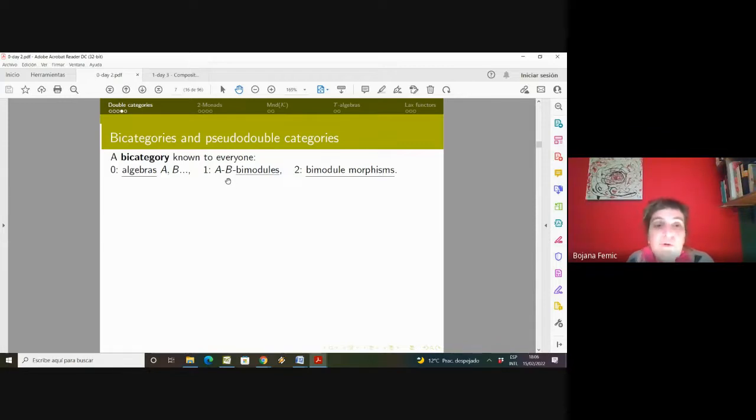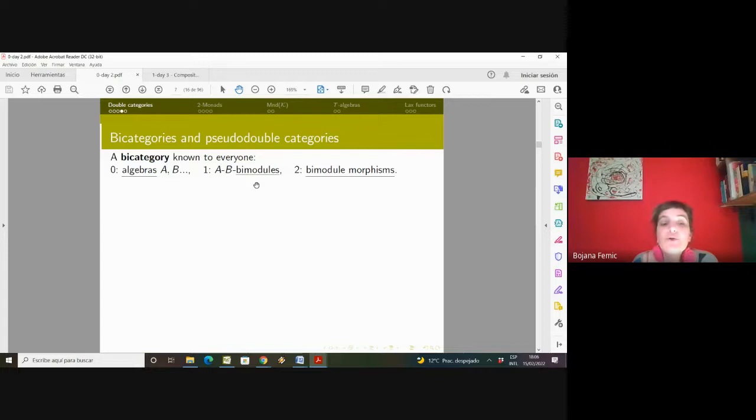Recall that if you take 3 bimodules and you tensor them over the respective algebras, you know that this associativity is not strict, but up to an isomorphism. So it shows you that we indeed have a bicategory rather than a 2 category. So this is just a bicategory.